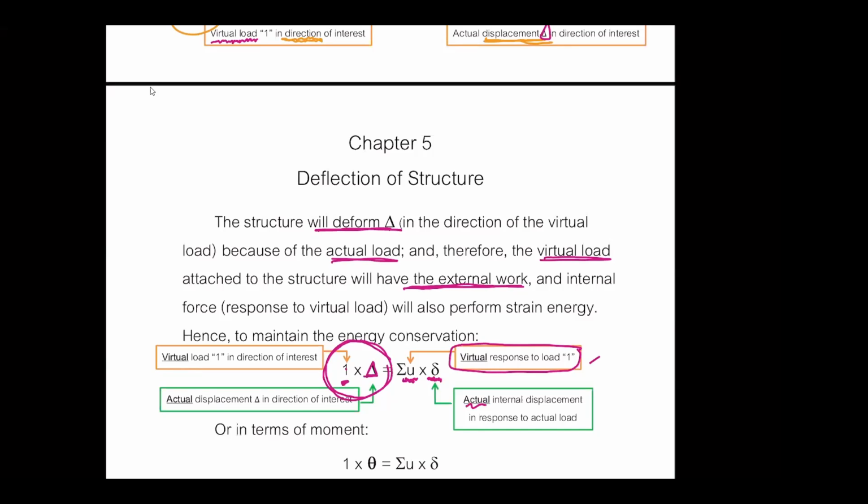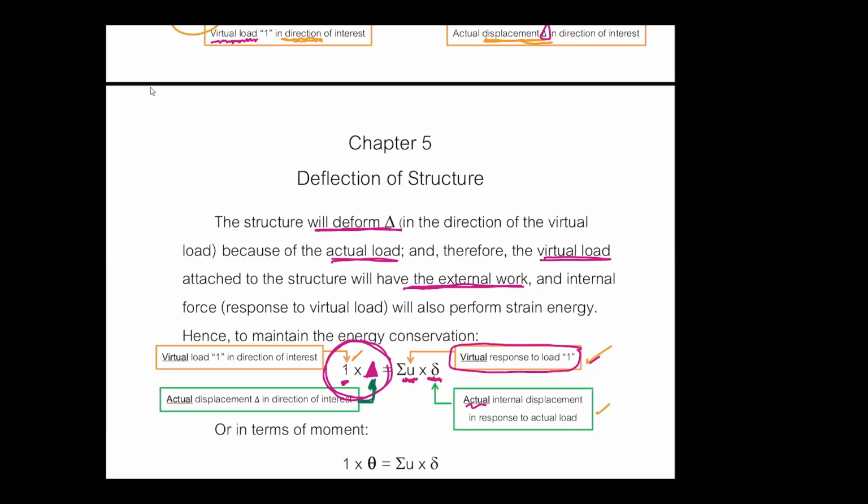But that's a basic concept, and you should know that this one, I keep painting it, is our target in our calculation. You know this because you assume the virtual load equal to 1. And when you have the virtual load acting on it, you can calculate the virtual response. And you can calculate this.